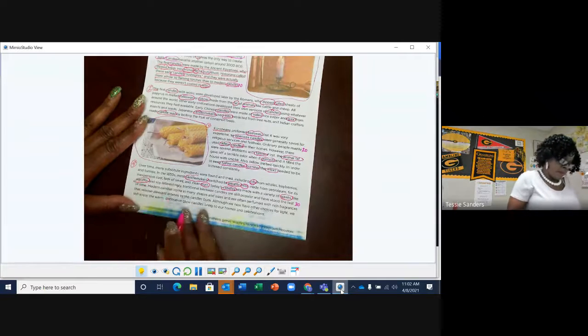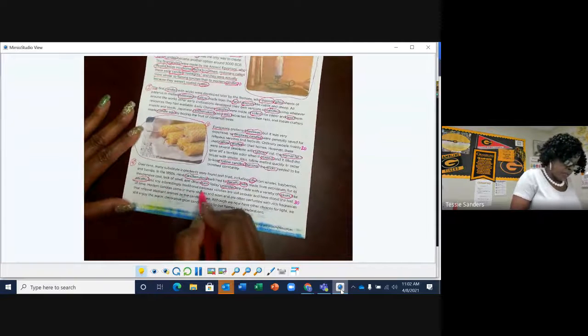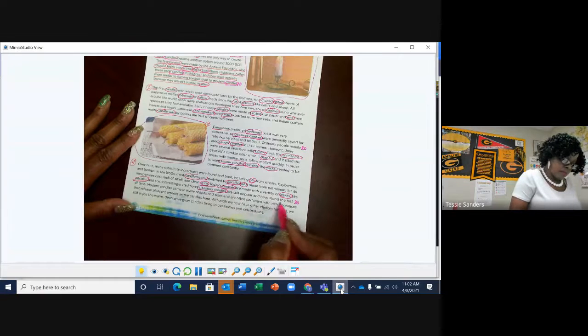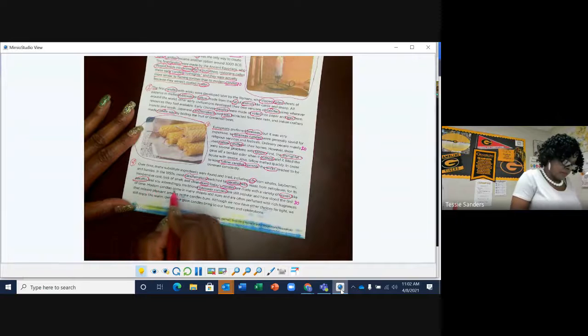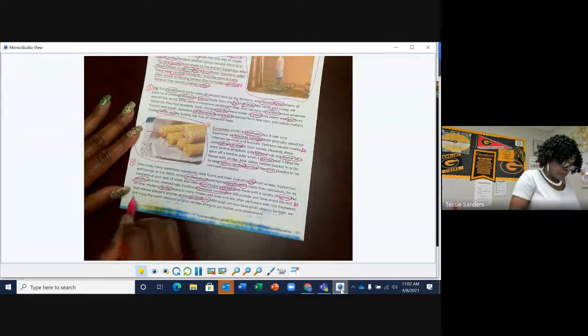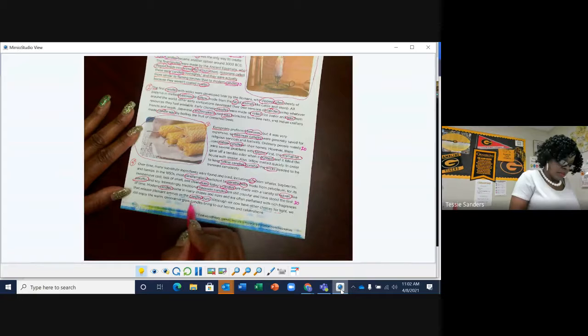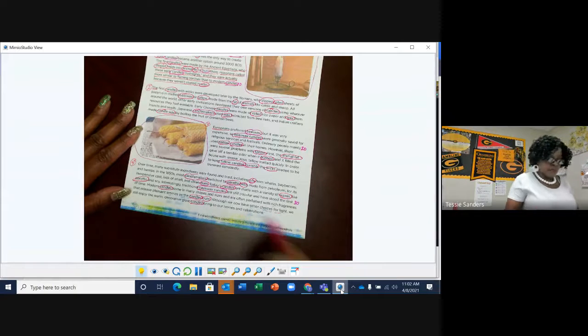Paraffin. Beeswax candles. Candles. Burn. Good.